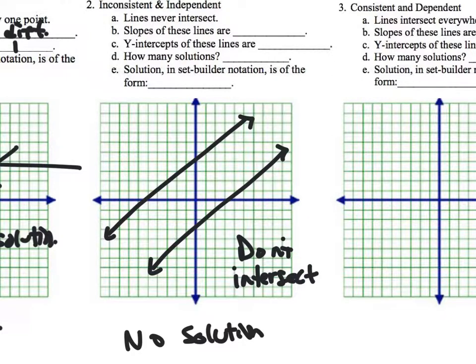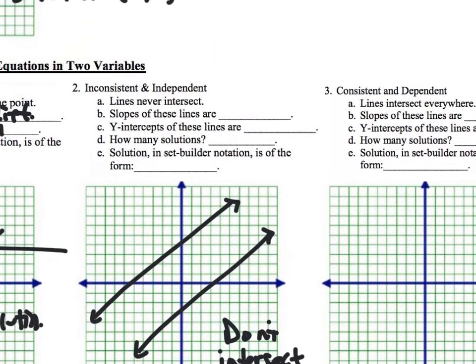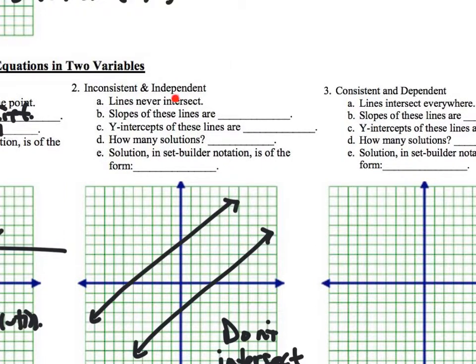Parallel lines never touch, so the lines never intersect. The slopes of these lines are the same, and that's how I know they're parallel. The y-intercepts of these lines are different. How many solutions? We have no solutions, none. If we were to write this, we would simply write no solution.